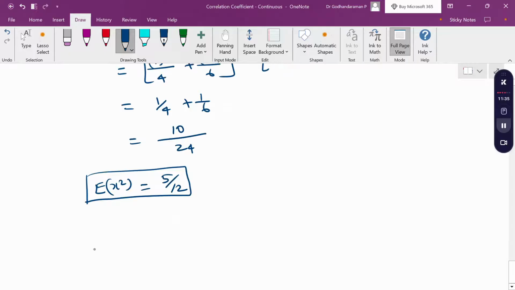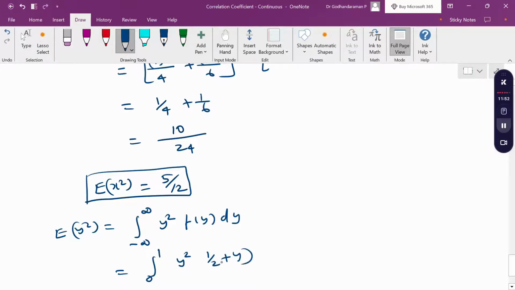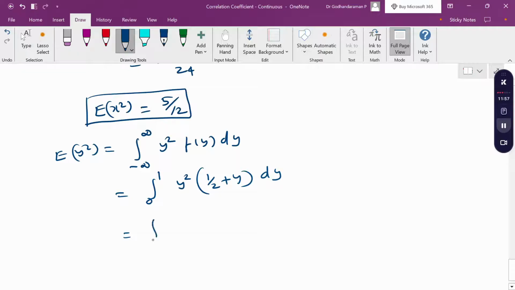Then expectation of y square, integration minus infinity to plus infinity y square f of y dy, range 0 to 1 y square (1/2 plus y) into dy. Then multiply inside this bracket value y square by 2, y cube into dy.